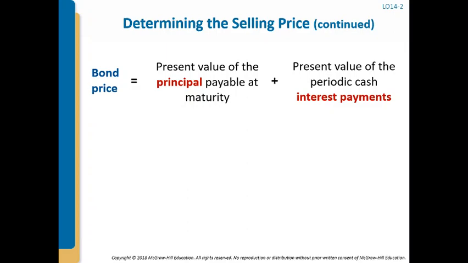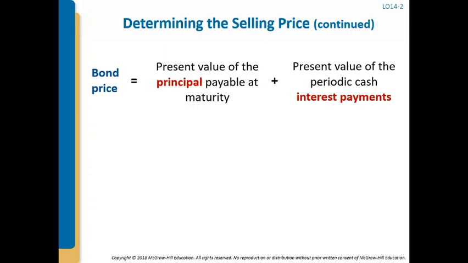So, if you were to use the tables, you would go to present value of annuities and figure out the length of time this annuity is paying out, which is the number of periods that interest is being paid, and figure out the present value of the interest payments.